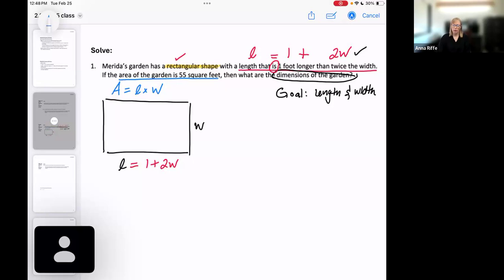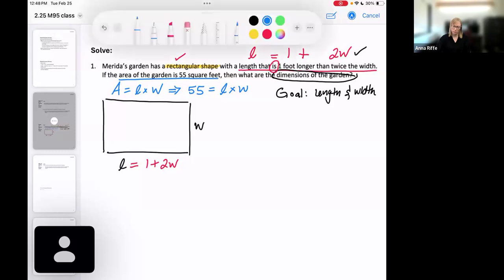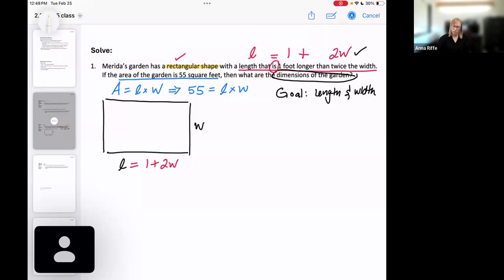If we know that area is equal to length times width, well, area is 55. That's what we're told here. That should be equal to length times the width. Okay. So there is our second helpful equation here. We have this top one, this way that the length relates to the width, and then we have this area equation.